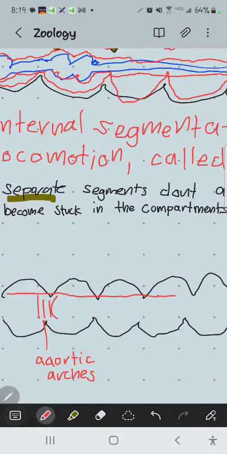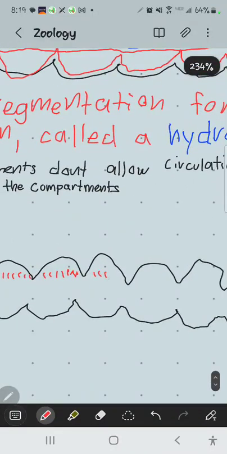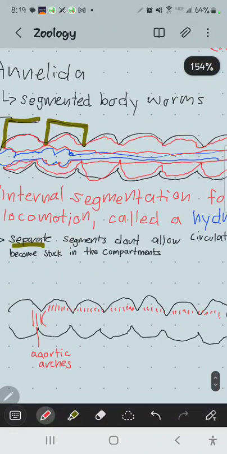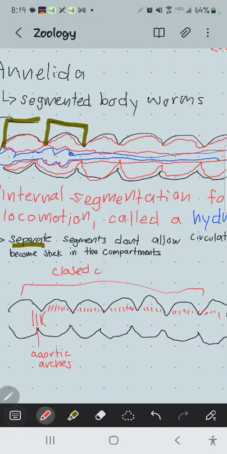In the back of the body, there are capillaries that allow the blood to migrate from the ventral side back to the dorsal side. So here we have what's called a closed circulatory system, which means that the circulatory system is separated from the coelom system.